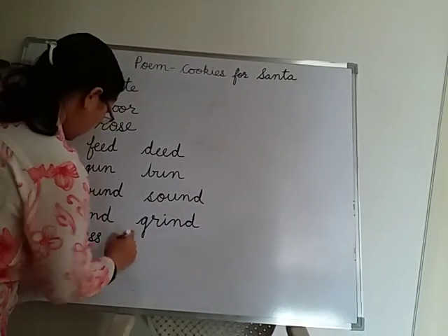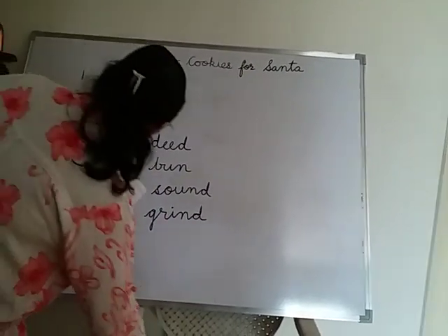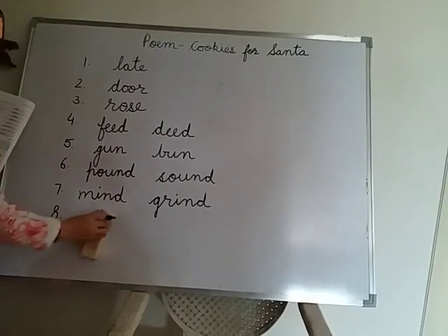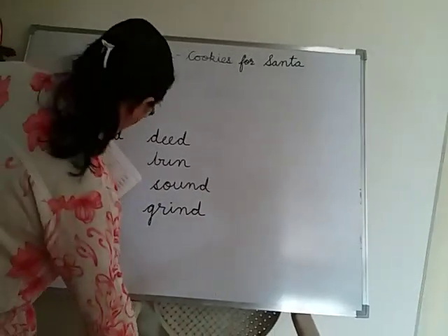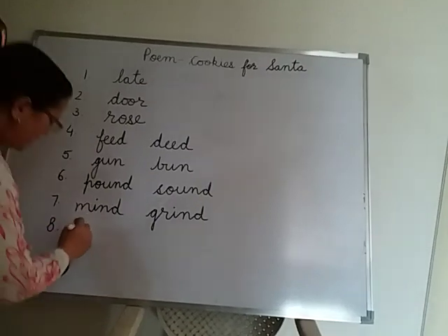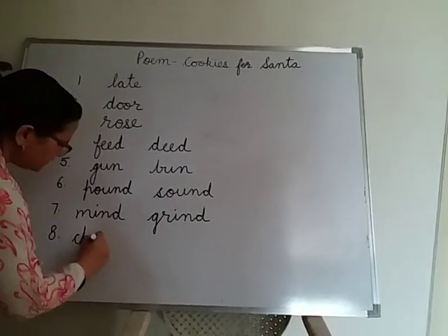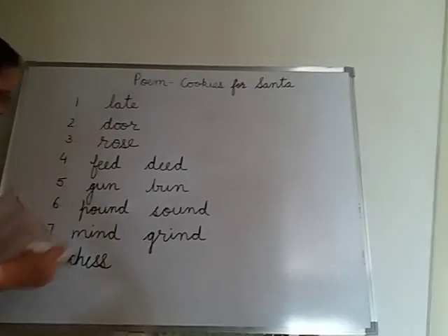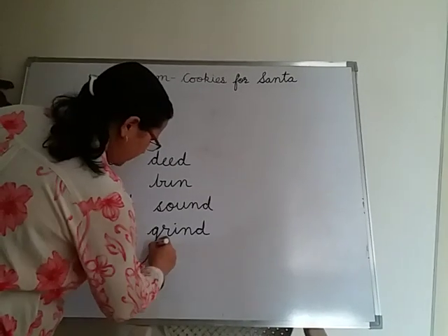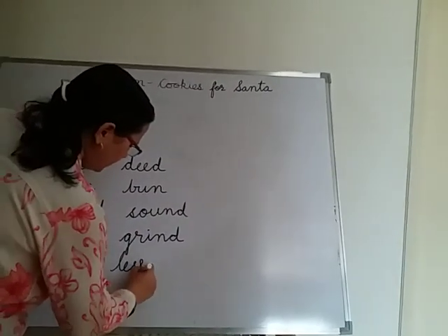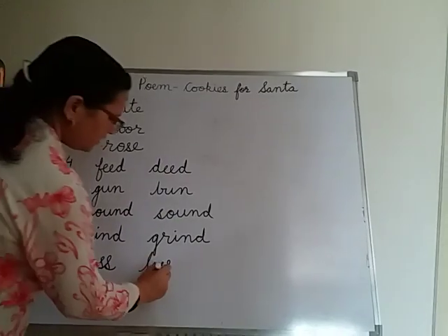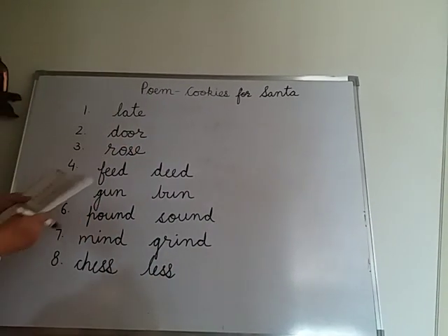So first is guess, this word which is already written there. So you don't have to write guess. It is already there. We have to write rhyming words for this. So it is chess. And another word is less.